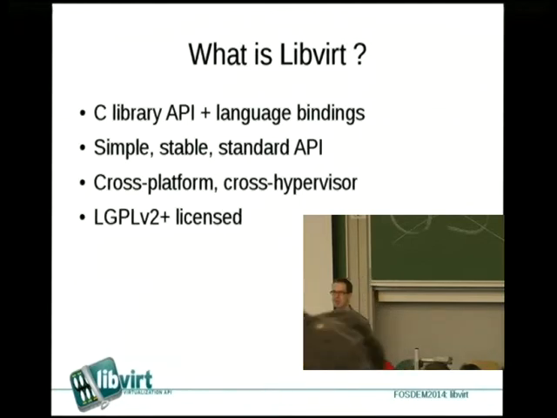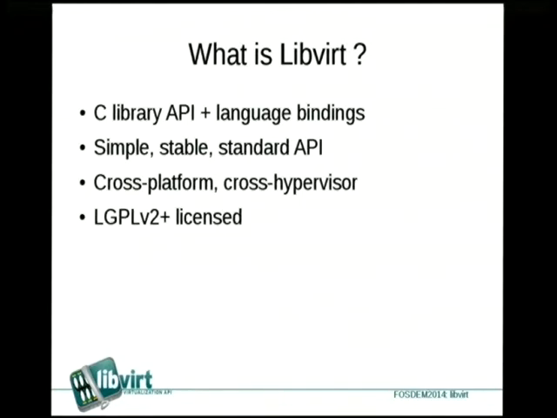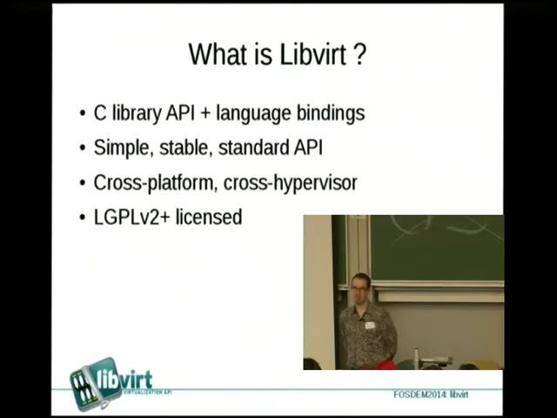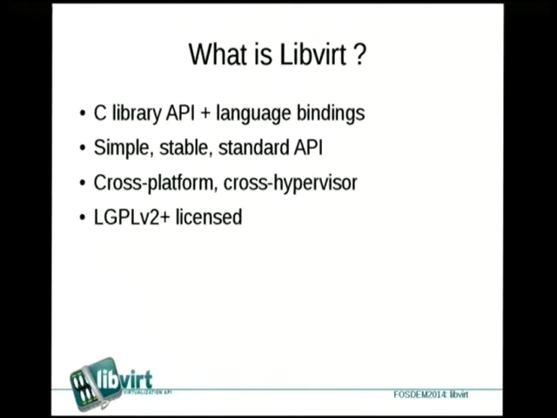It's a cross-platform API, and it's a cross-hypervisor API. We support most of the hypervisors you can name, so KVM, QEMU, Xen, both the open source and commercial versions of Xen to some extent, Hyper-V, VMware ESX, VMware Desktop, all the other VMware variants that use the same API as those two, Power Hypervisor, LXC containers, Parallels.